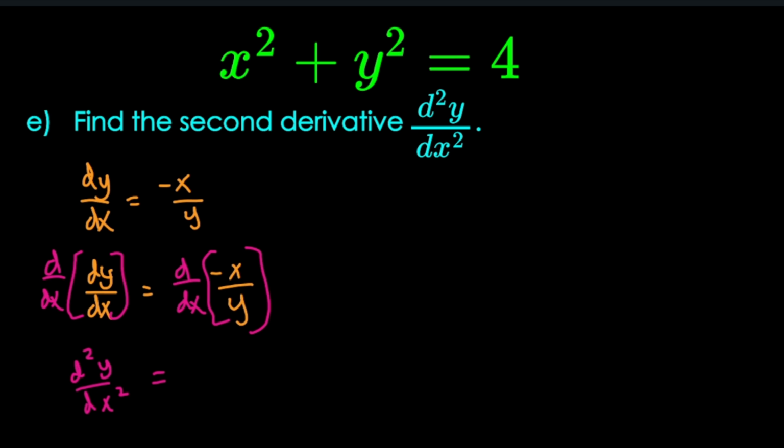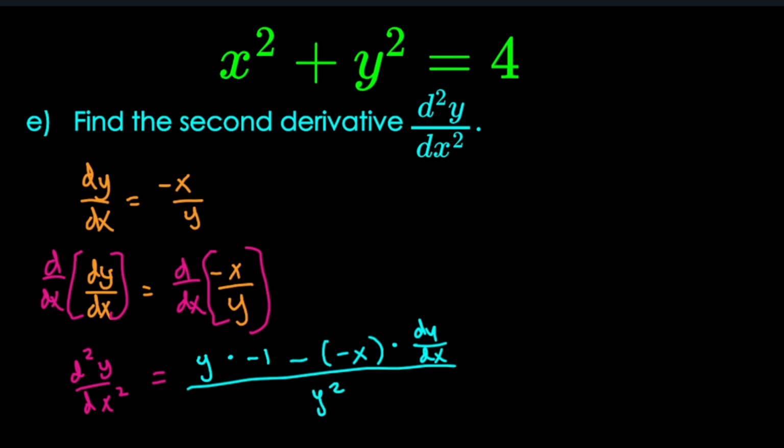So low, the denominator, is y, times d high, which is the derivative of the top, so negative 1, minus high, which is the top, negative x, times d low, the derivative of the bottom, and remember, the derivative of y with respect to x is dy/dx. And then we take the whole thing and divide by the denominator squared.